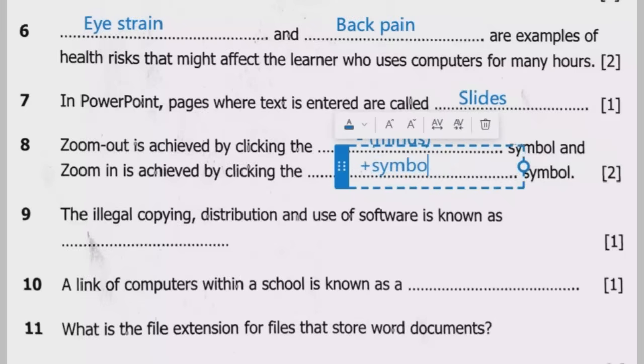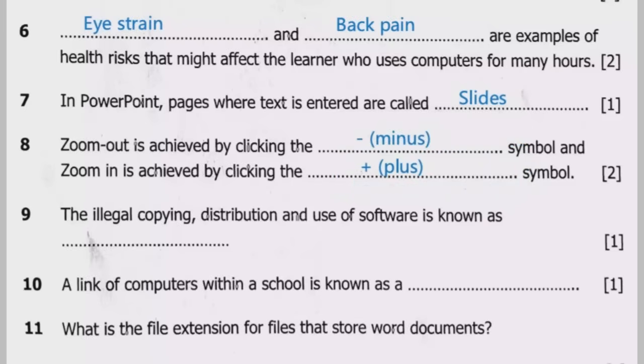In brackets I can also put the word plus symbol. So that's what you do. You click the minus or plus symbol like that. When you want to zoom out, you click the minus symbol. When you want to zoom in, you click the plus symbol.